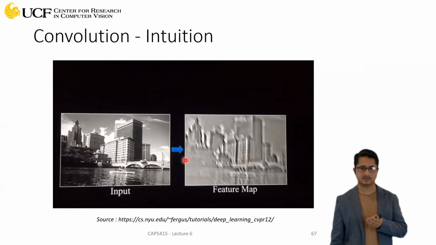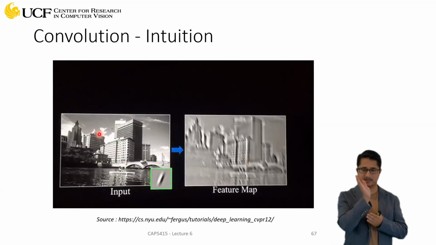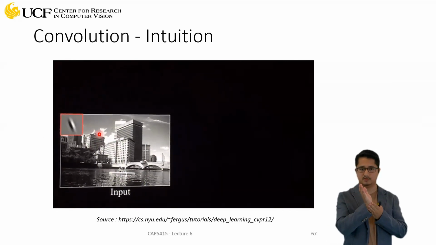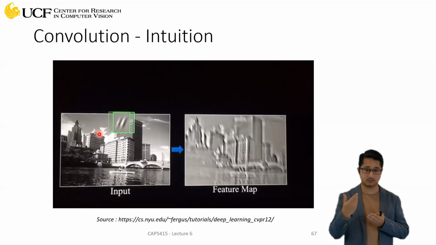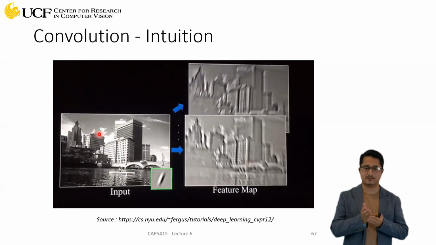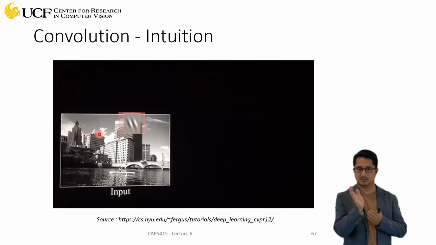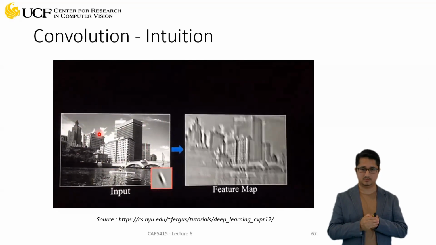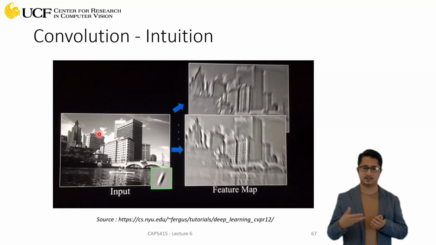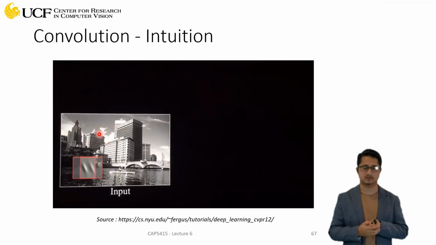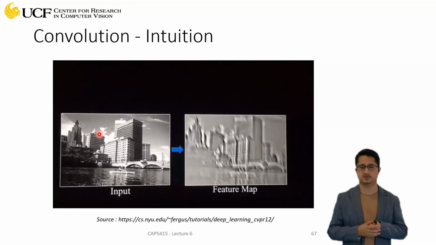Similarly, the green kernel, you can see that's an edge in the right direction. That's another kernel. Again, that will give you a feature map, which will be highly active in those locations where you have edges leaning towards the right. And again, these are just 2 kernels. If you have a lot of such kernels, you can find very interesting patterns in your input image. It can be used for feature extraction.